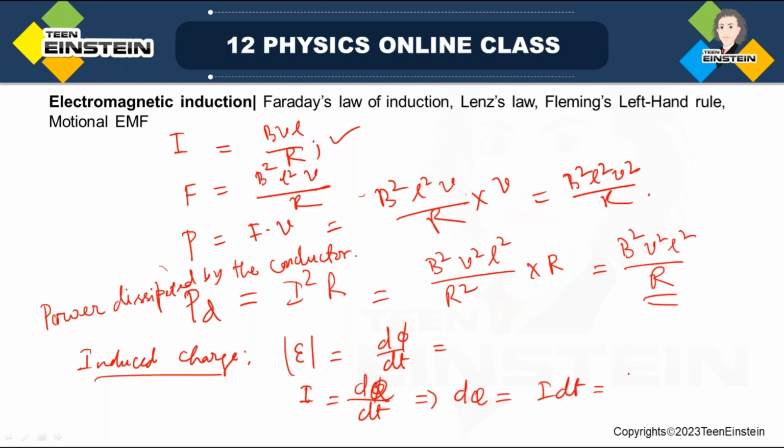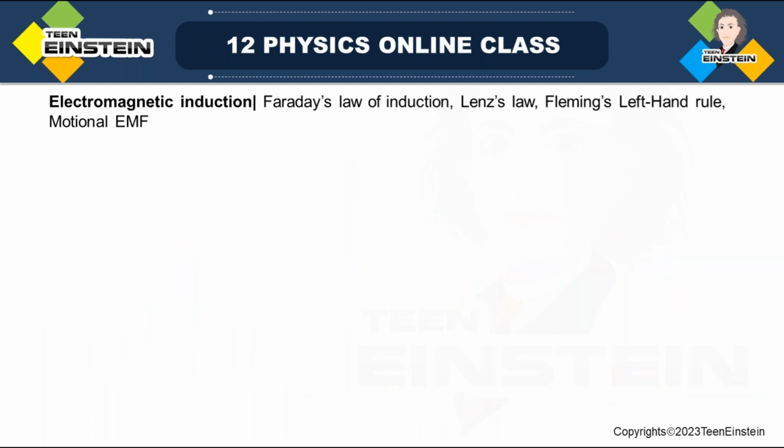I is EMF by R into dt. So EMF is what? So 1 by R d phi by dt. This is EMF into dt. This dt goes off. So ultimately what we get?